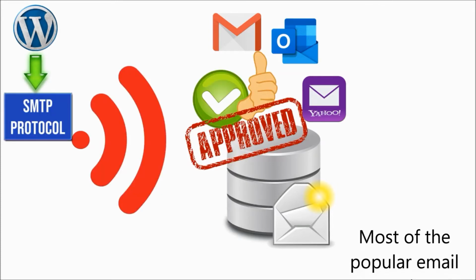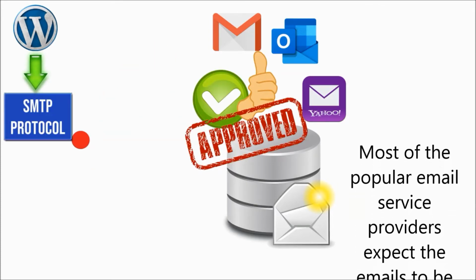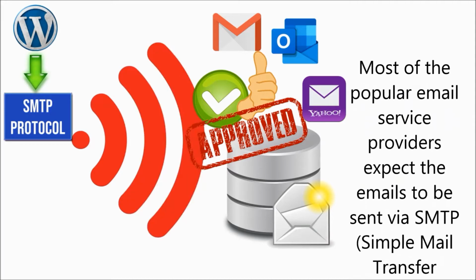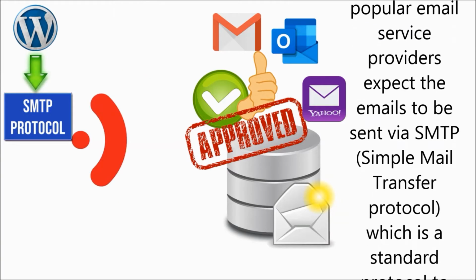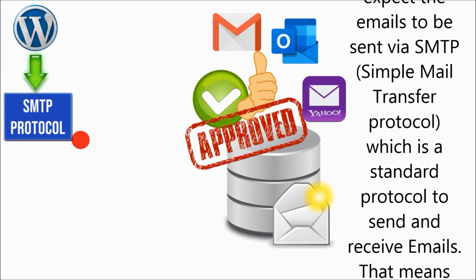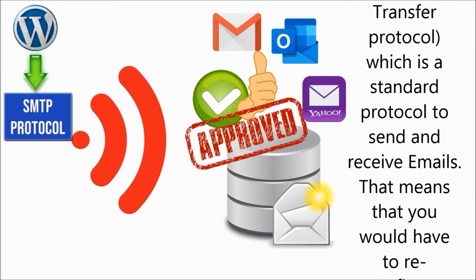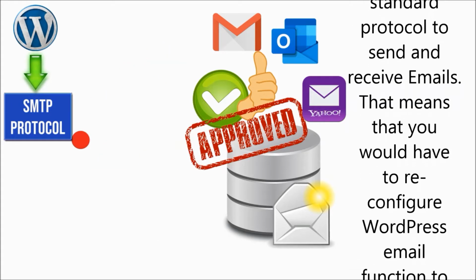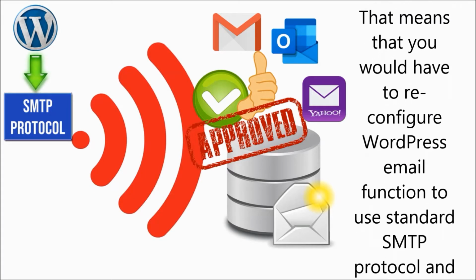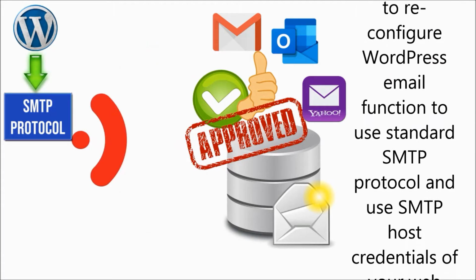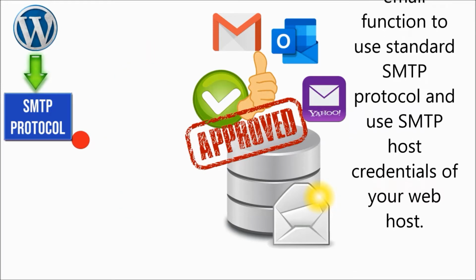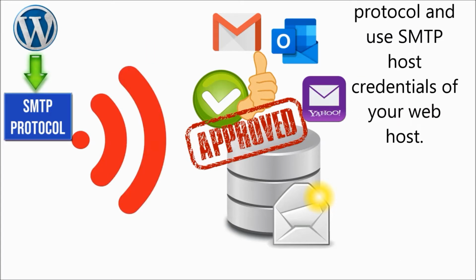Most of the popular email service providers expect the emails to be sent via SMTP, which is a standard protocol to send and receive emails. That means you would have to reconfigure the WordPress email function to use the standard SMTP protocol and use the SMTP host credentials of your web host.